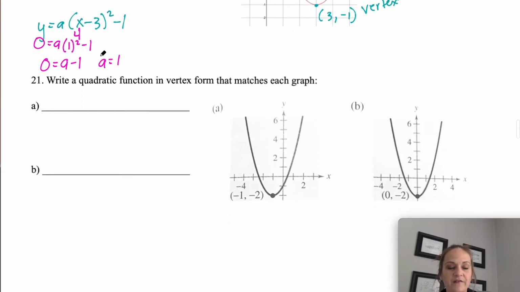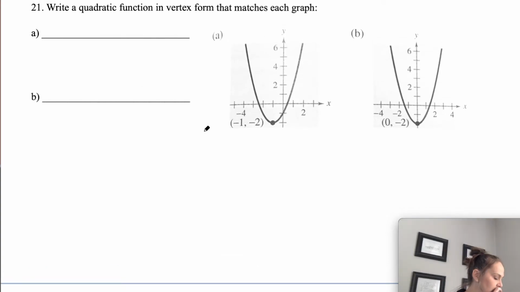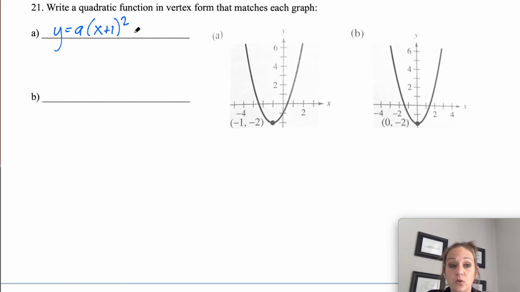Now, for number 21, for A and B, we are going to do the same thing. I know that my vertex is (-1, -2), so it's going to be y equals a times (x plus 1), because a -1 and the minus, I'll write it down here, a(x minus h) squared plus k. So -1 and a negative give me a +1, and then the -2 goes out here.